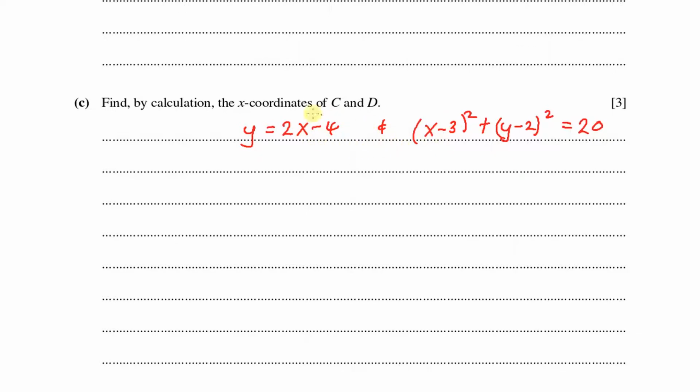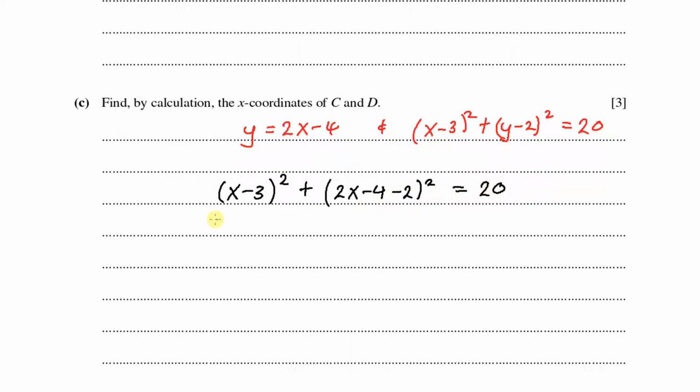So I'll substitute the first equation into the second equation. So this will be now x minus 3 squared plus y, but in place of y, I'm going to put 2x minus 4. So it will be 2x minus 4, then minus 2, squared, is equal to 20.